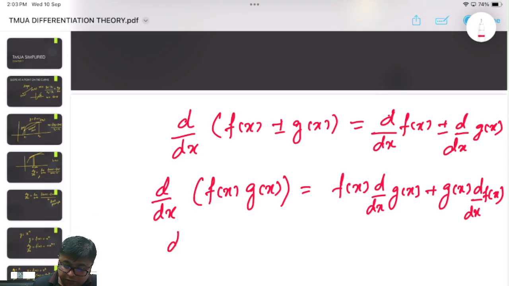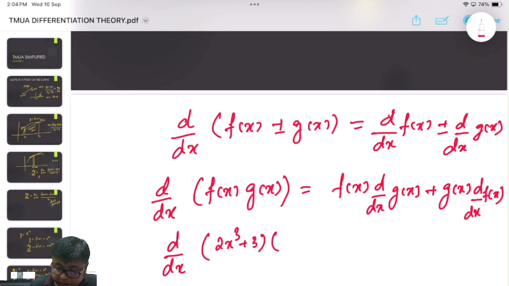So for example, suppose we have dy dx of (2x cube plus 3) into (x to the power 5 plus 1). Rather than multiplying, I can use the product rule. So I say 2x cube plus 3 as it is, into the derivative of g(x).